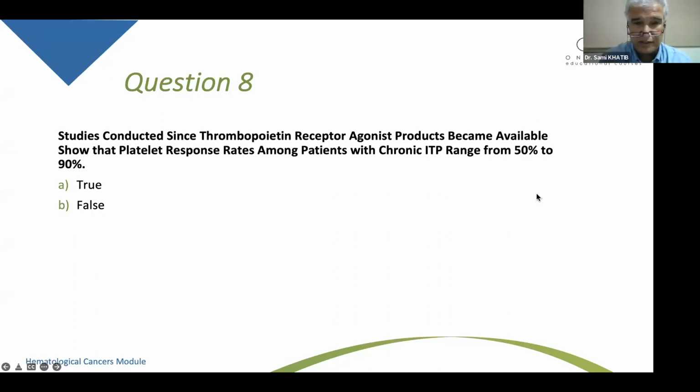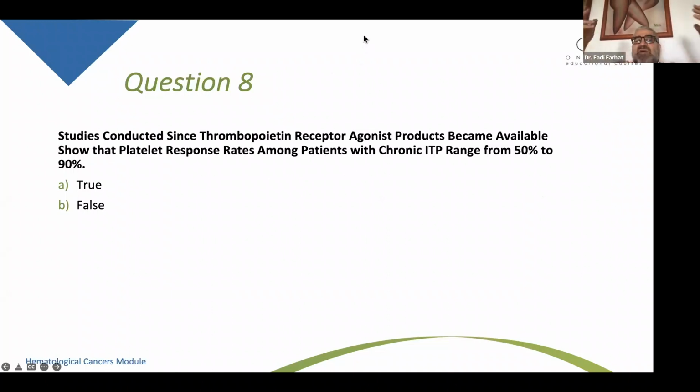Thank you very much. So question number 8: studies conducted since thrombopoietin receptor agonists became available, which means eltrombopag, which is Revolade, and romiplostim, which is Nplate, show that platelet response rate among patients with ITP ranges from 50 to 90%.